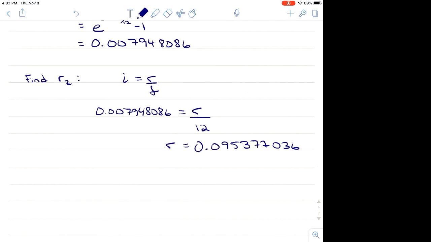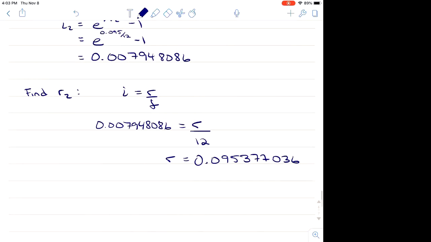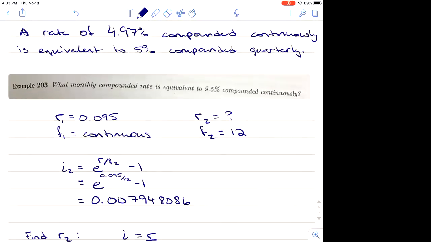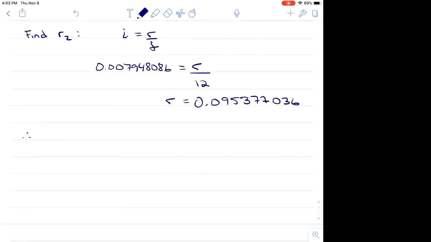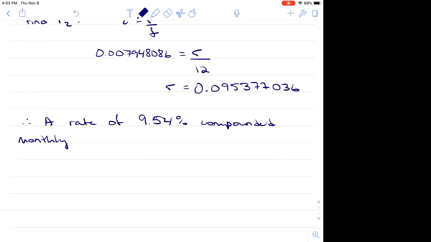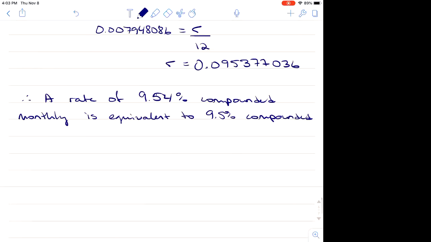So 9.54% compounded monthly is the same as 9.5% compounded continuously. Therefore, a rate of 9.54% compounded monthly is equivalent to 9.5% compounded continuously.